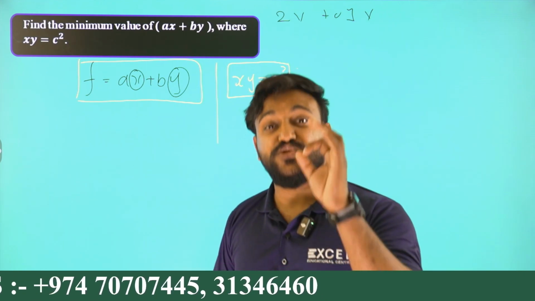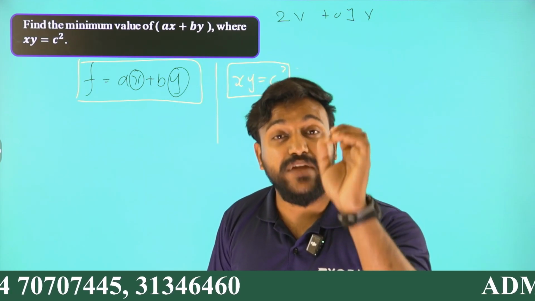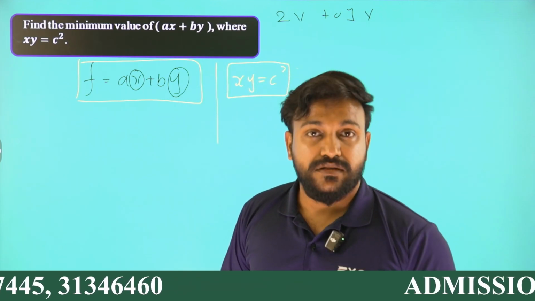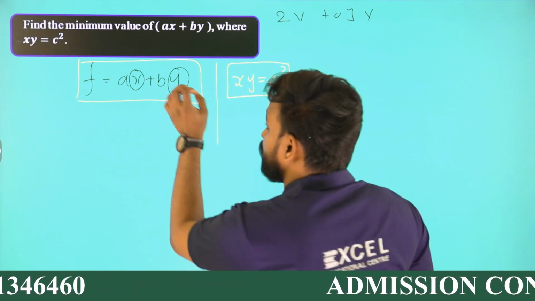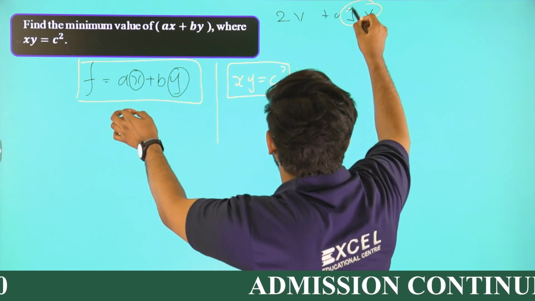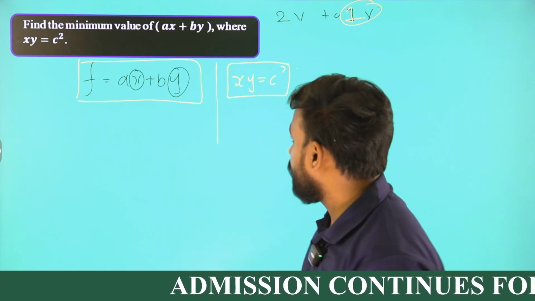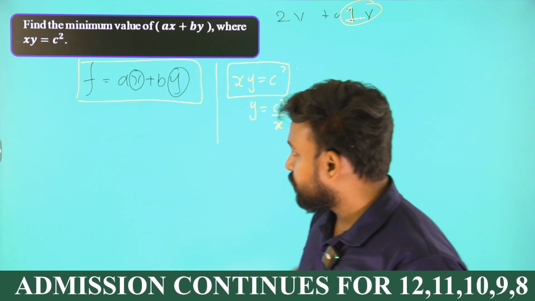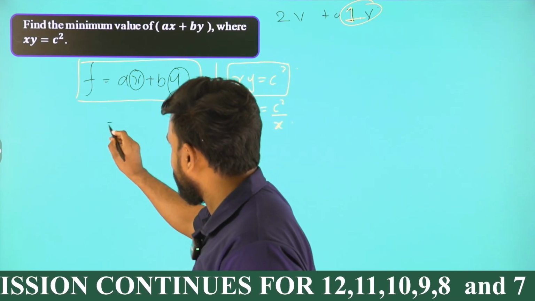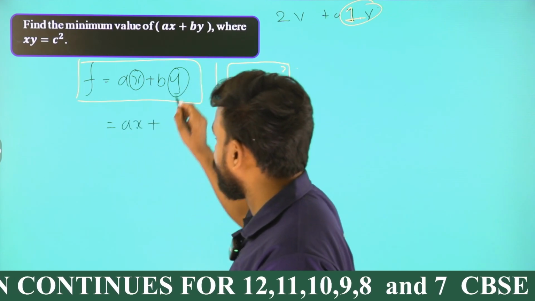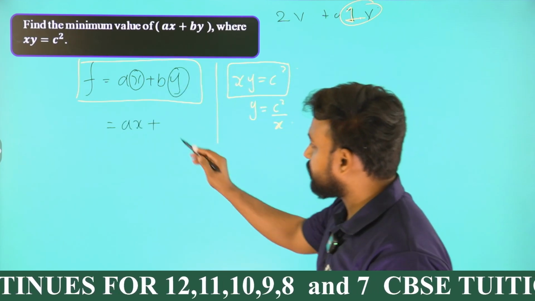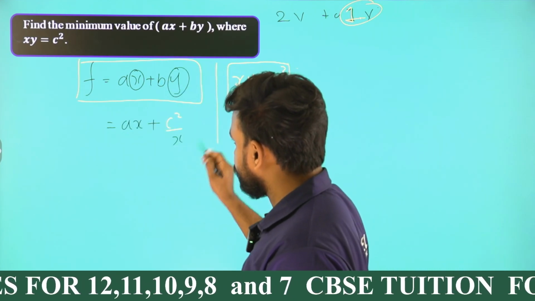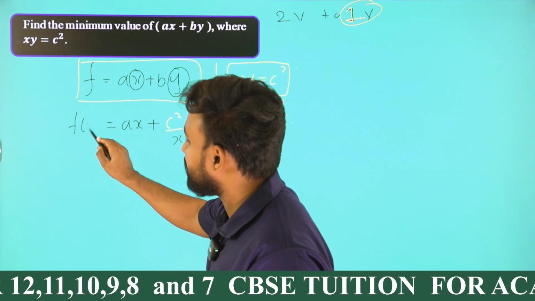If the function has two variables, there will definitely be a hint that helps you change it into a one-variable function. So here you can find y is equal to c square by x. So your function will become ax plus, instead of y, c square by x. Now I can call this function f of x.